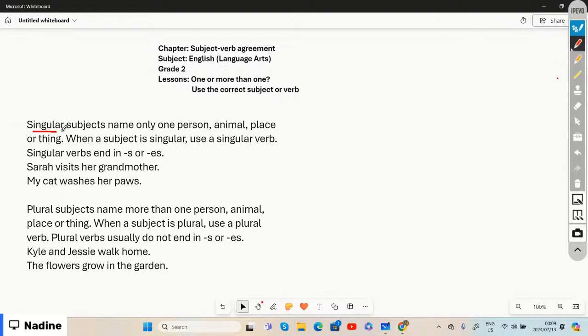A singular subject names one person, one animal, one place, or one thing, and a singular verb also refers to one person, one animal, one place, one thing doing an action.